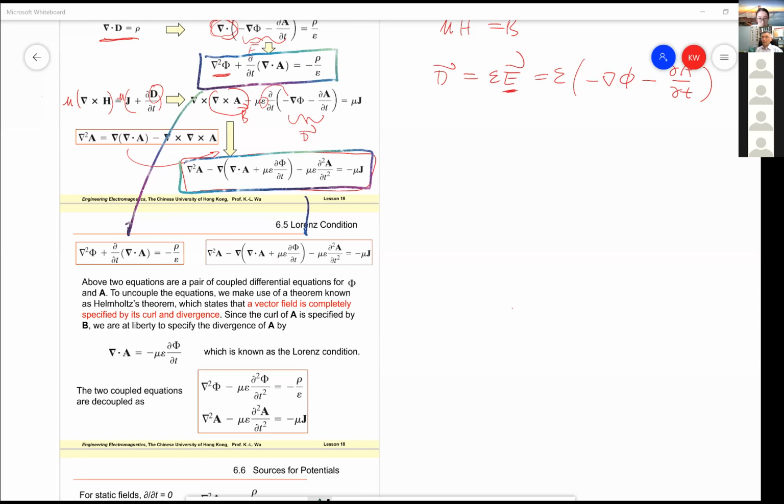What that says is we have two coupled differential equations for the scalar potential and vector potential. These two equations are not necessarily coupled.